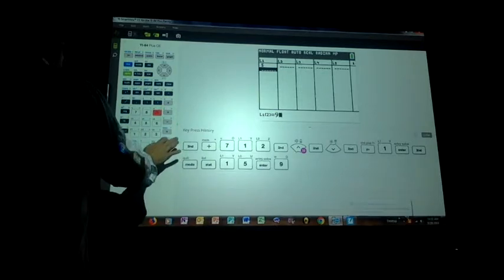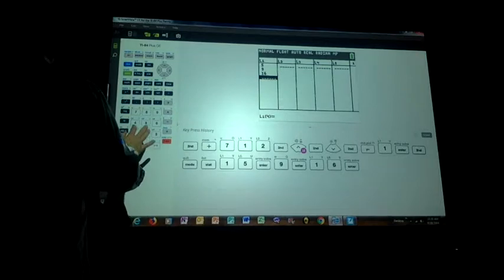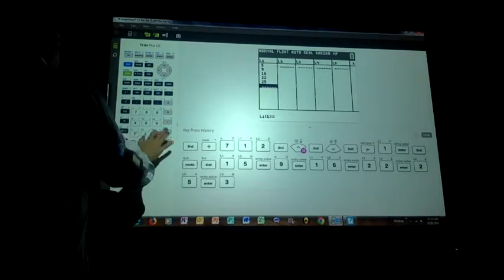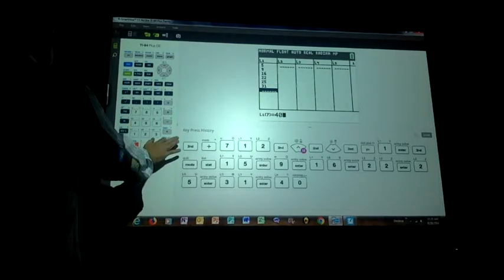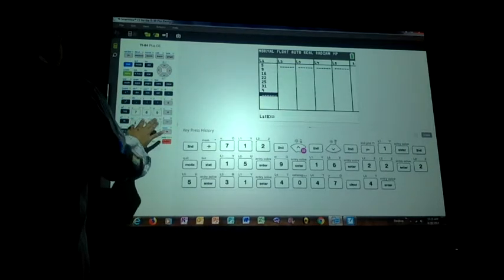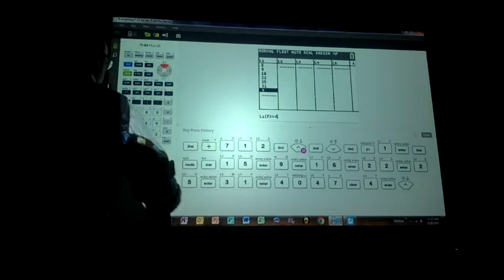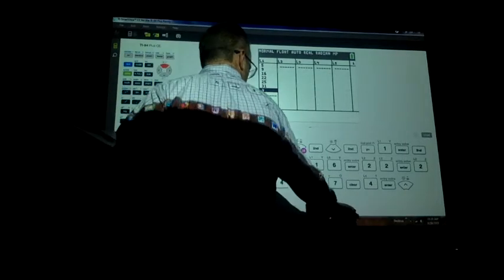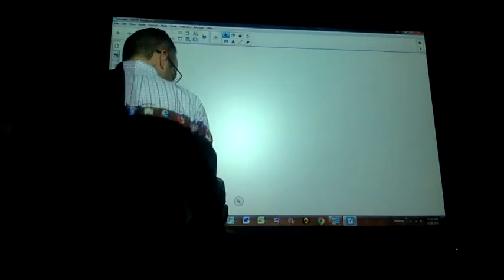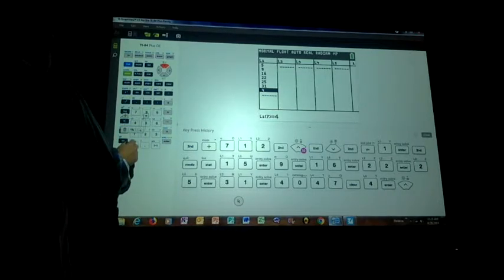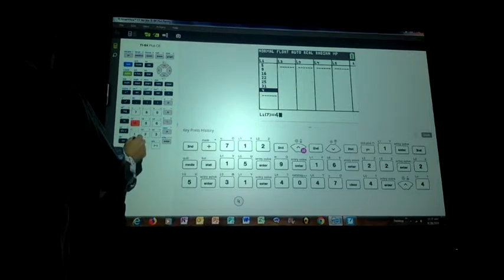So 5, 9, 16, 22, 25, 31, 40, 47. Oh, clear. 40, enter.